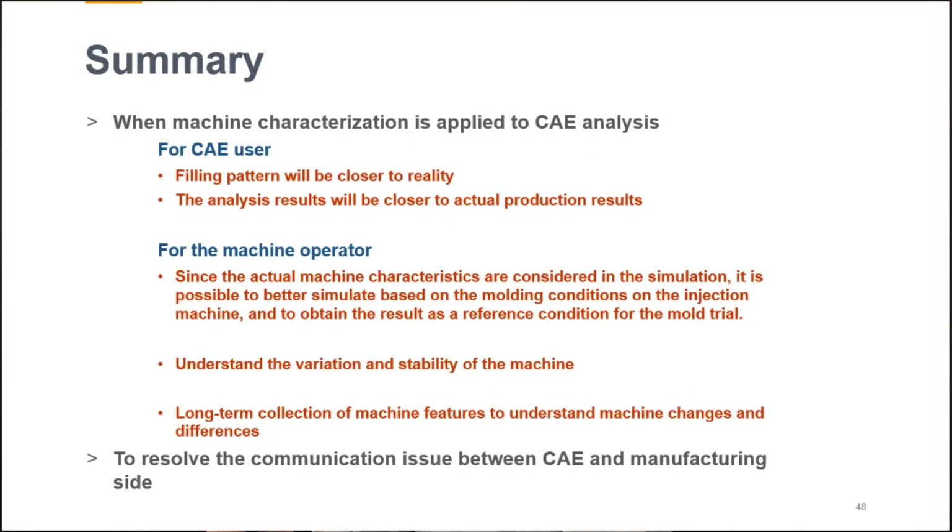And finally, with this kind of machine characterization service, combining our machine interface and our MMIP file, we can solve the communication issue between CAE engineers and the manufacturing machine operator.